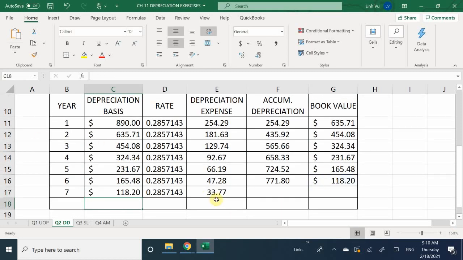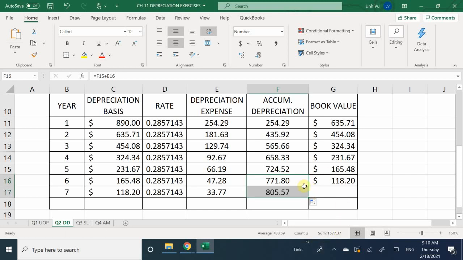Let's see what happens when I place this here on the 7th year. What is my depreciation expense for the 7th year? 33.77. Okay, good. What's my accumulated depreciation? 805.57.